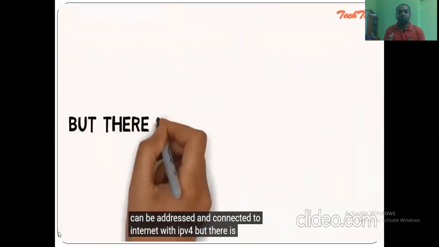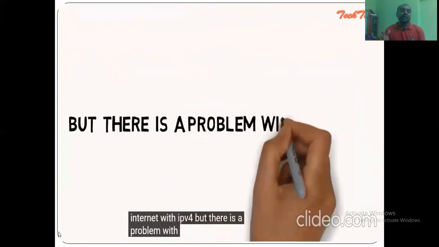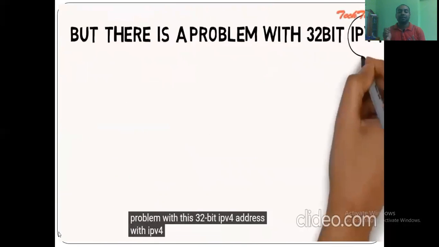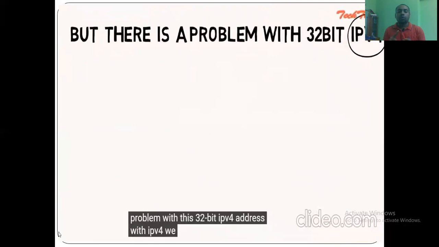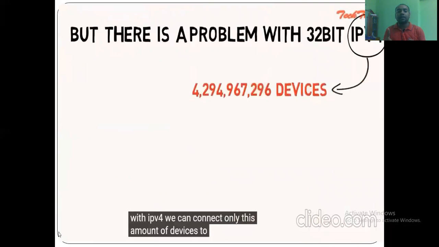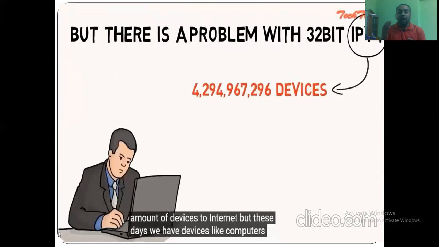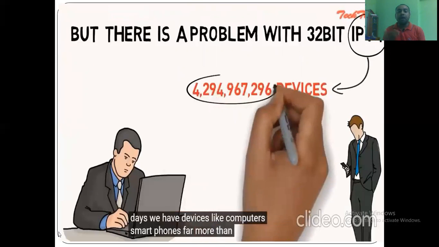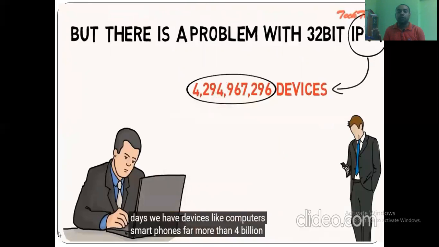But there is a problem with this 32-bit IP version 4 address. With IP version 4, we can connect only this number of devices to the internet, but these days we have devices like computers and smartphones far more than 4 billion.